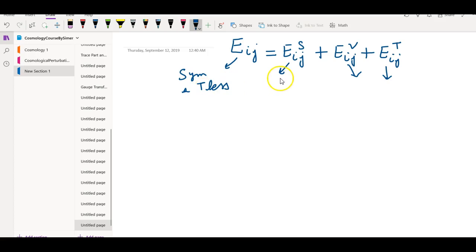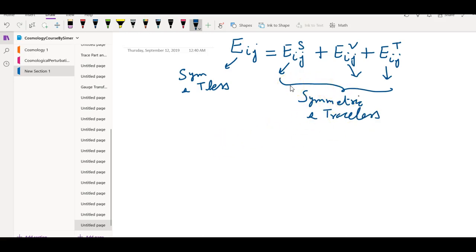So I want to apply all these conditions here also, so that if each individual tensor is symmetric and traceless, then this will also be symmetric and traceless. Because this left hand side is symmetric and traceless, I would like to keep all these three individual tensors symmetric and traceless. So each of these is symmetric and traceless.